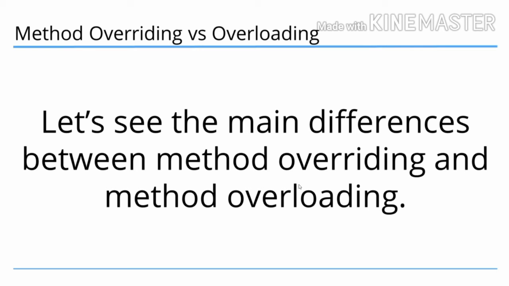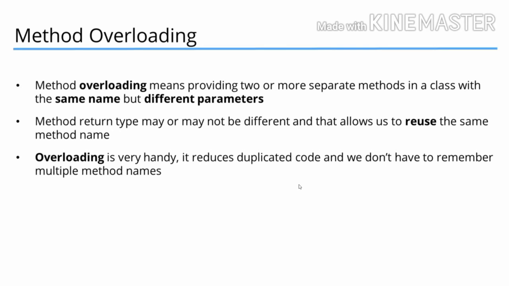So now let us continue with the difference between overloading and overriding. First, method overloading. Overloading means providing two or more separate methods in a class with the same name but different parameters.